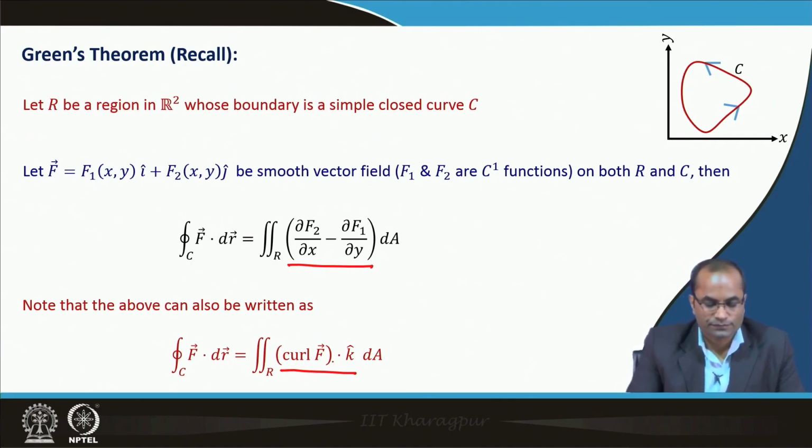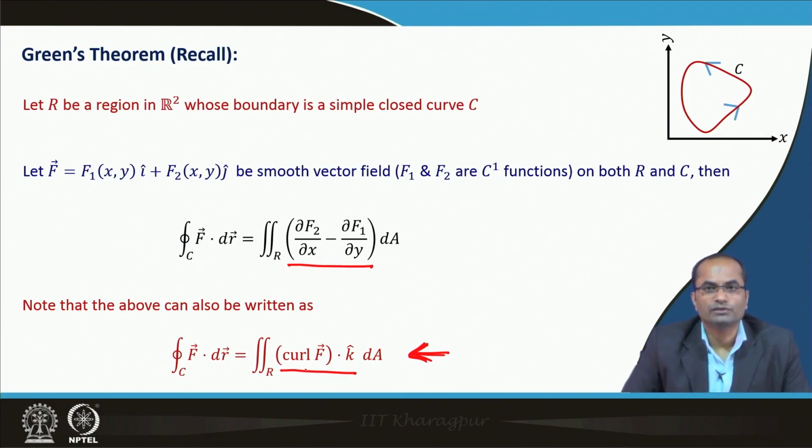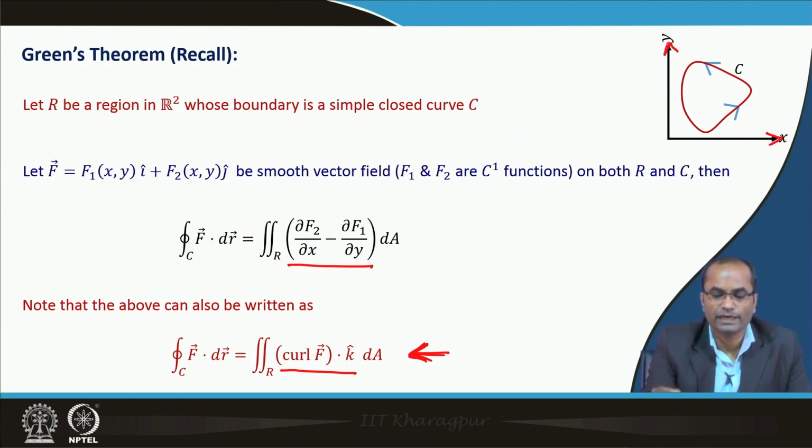So, this is the idea now, that we can generalize this Green's theorem with this form of the equation to higher dimensions. Here this Green's theorem was stated for R2, for a plane.